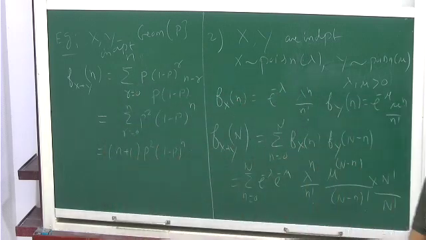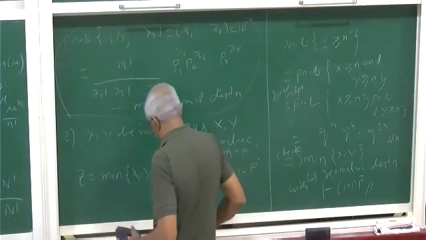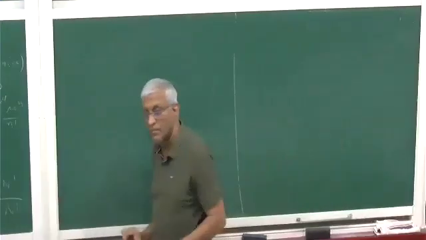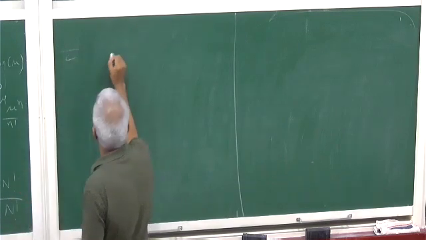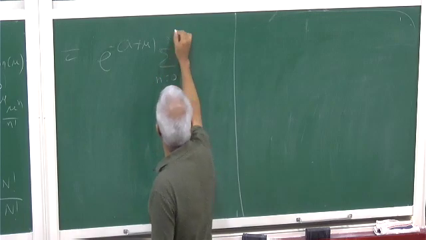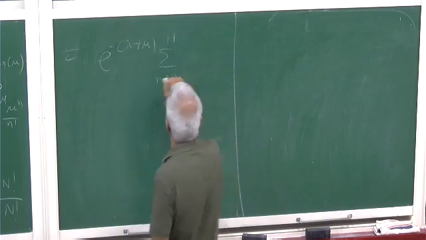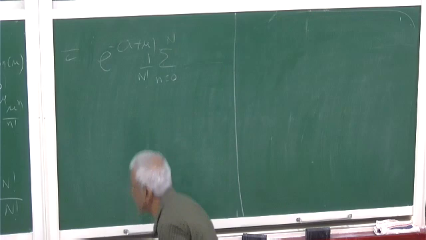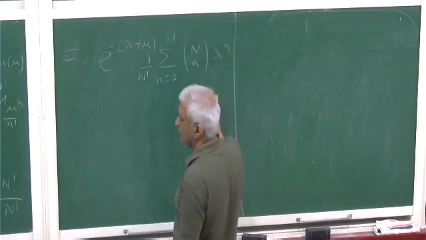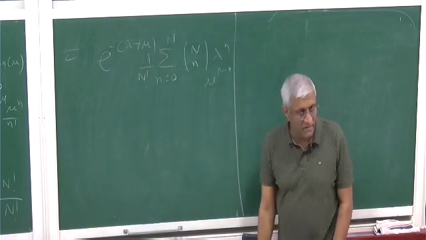So this is exactly e power minus lambda plus mu into the summation n equal to 0 to N. I took 1 by N factorial out, and what remains is N choose n, lambda power n, mu power N minus n, which is just the binomial formula.